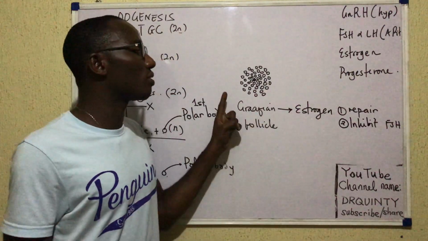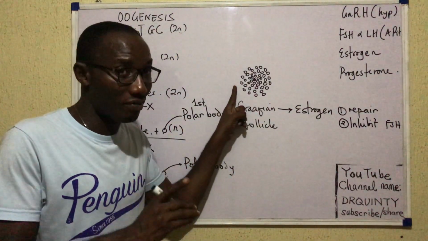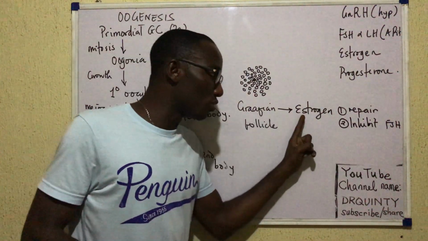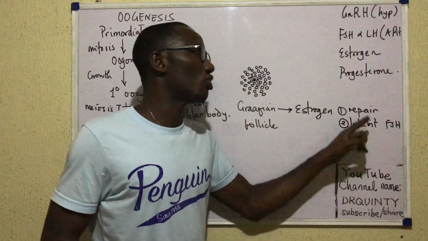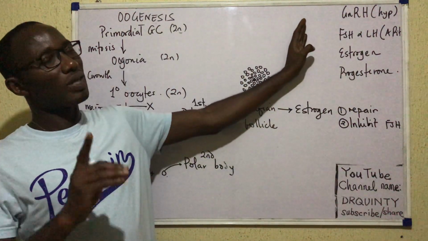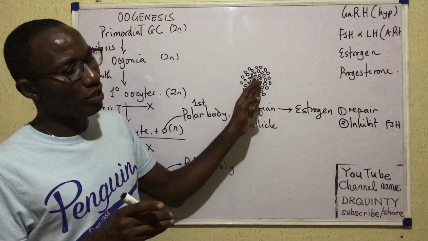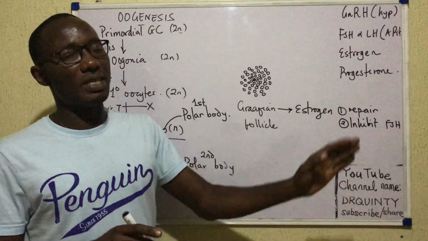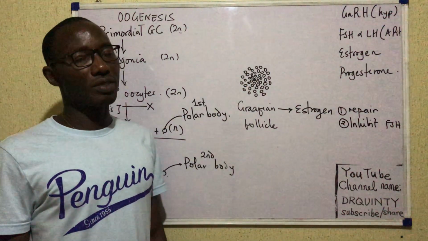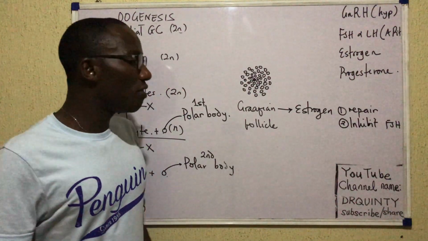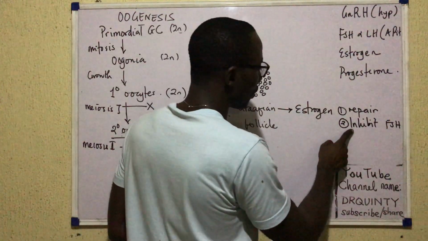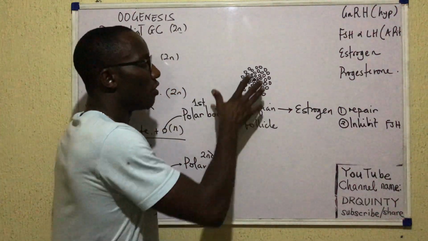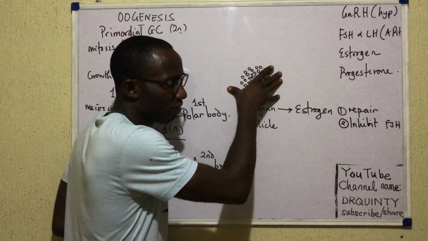So once one Graafian follicle has started developing and it produces estrogen, this estrogen blocks off FSH so that no other Graafian follicle develops till the end of that menstrual cycle. Then, having seen the functions of estrogen, this follicle continues to develop.